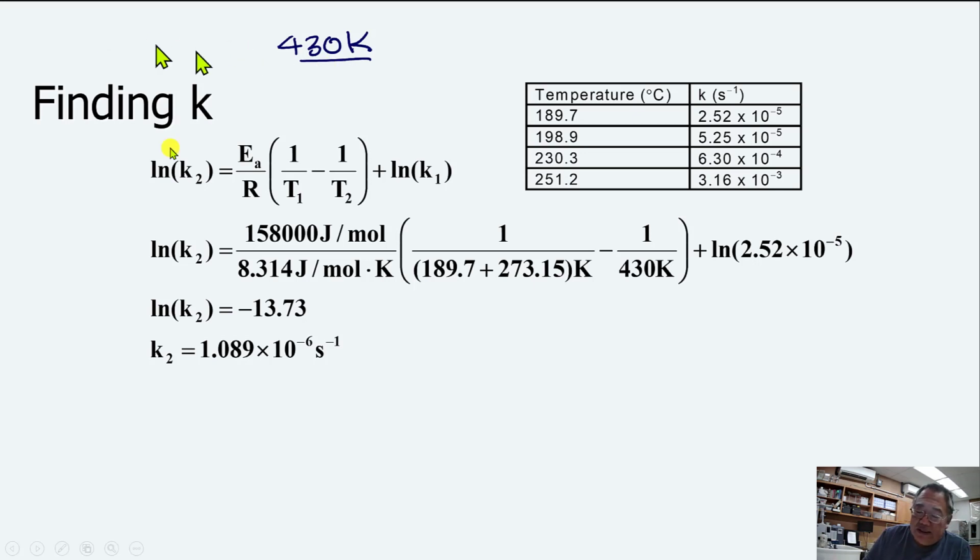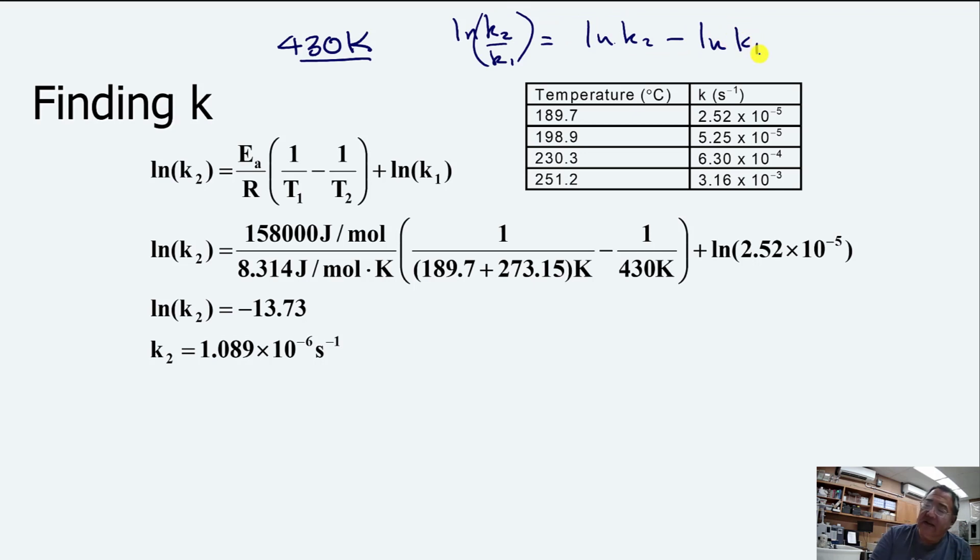If you're going to use the Arrhenius two-point equation, what you have to do is take the Arrhenius equation, and typically this one will solve it for k2. And remember, the way this equation started, it's ln of k2 over k1, which is the same as ln of k2 minus ln of k1.